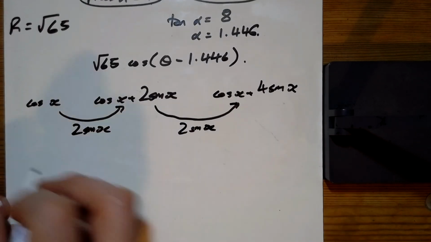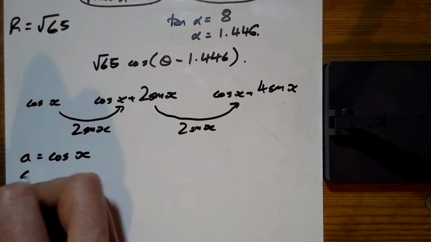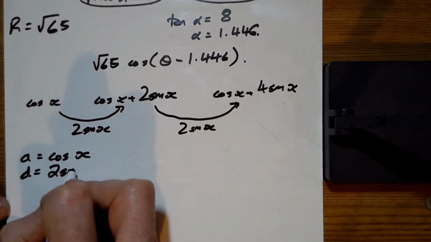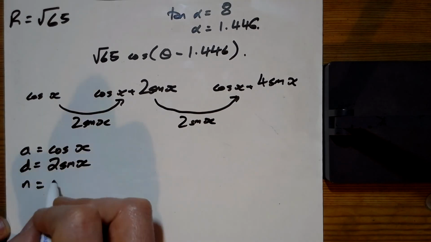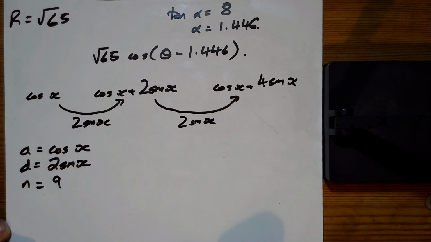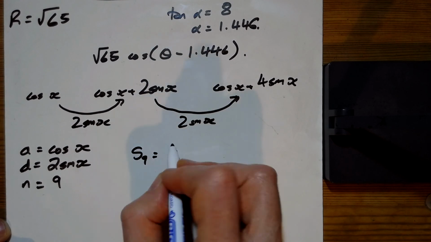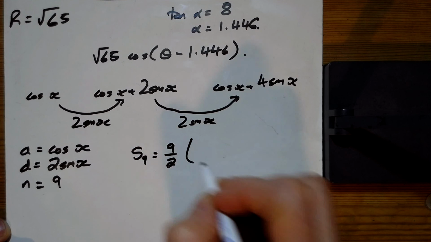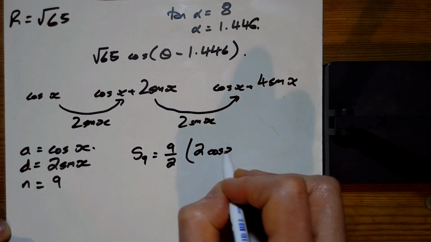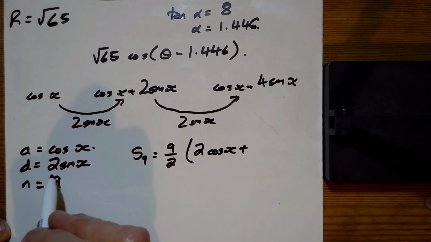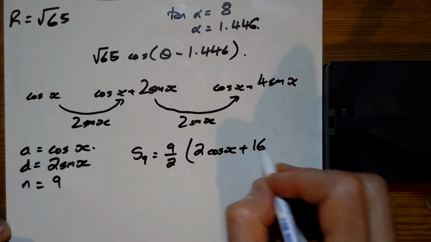So it is an arithmetic progression with the first term equal to cos x, the difference equal to 2 sin x, and they're asking us to find the sum of 9 of them, just like in the mock. So the formula for the sum of 9 of them is n over 2, so 9 over 2, lots of 2a, so 2 of those ones, plus (n minus 1)d. So n minus 1 is 8. 8 times 2 makes 16.